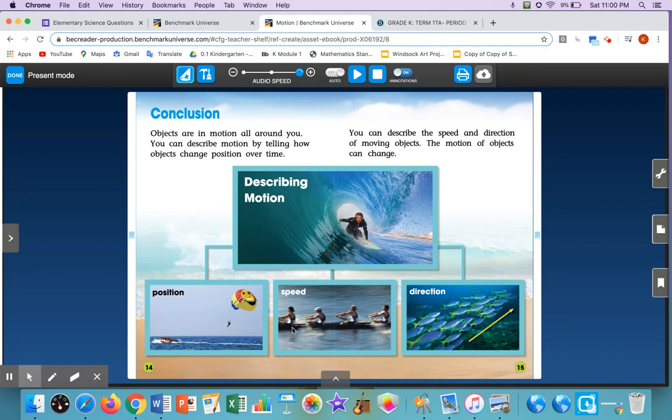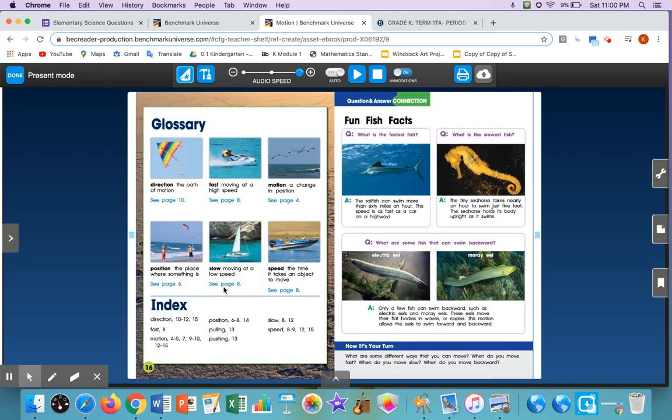And I look at this picture and they're rowing that boat really fast. So their speed is fast. I can describe the motion too by looking at these fish. And these fish are going in a straight line. I'm going to change the page. Oh, and that was the end.